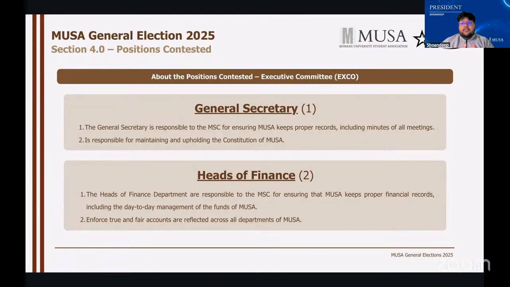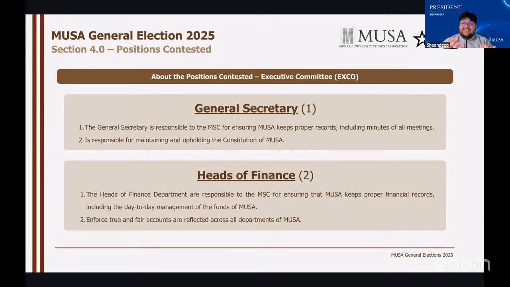Their job is also making sure that MUSA maintains proper order in terms of records and meeting minutes. A lot of people might think, oh, secretary just writes meeting minutes. Well, that's not the only case. Without a general secretary, there's a lot of havoc that can go on, because they are there to also make sure that we abide by the constitution, a very important document that basically governs how MUSA runs and how we act as office bearers. So anything to do with any issues, they are the first to step in as well.